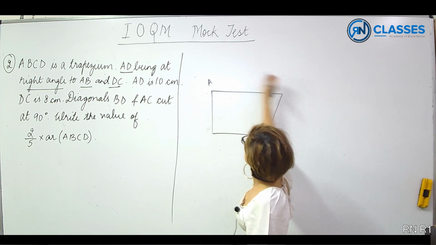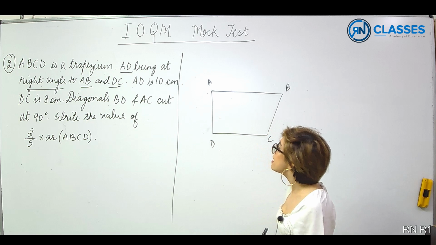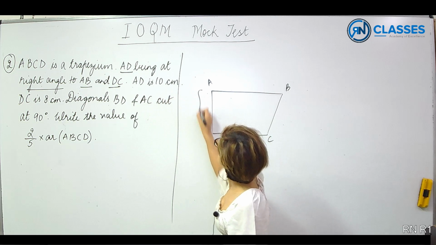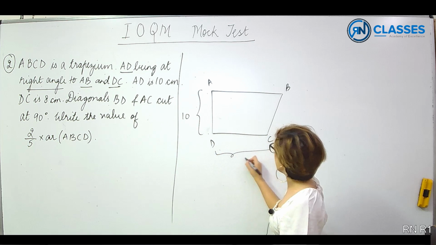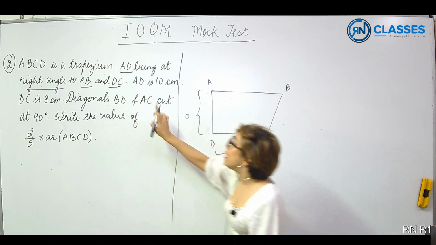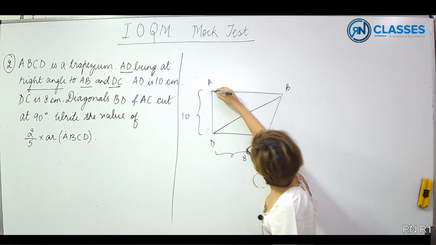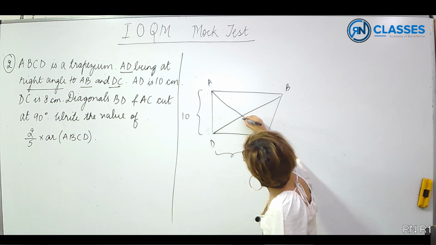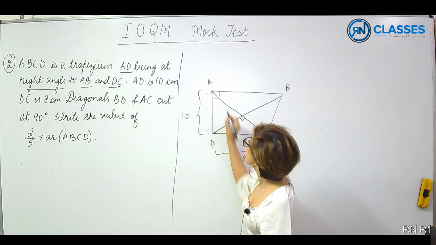Alright, so this is A, B, C, D. Right, now he says that AD is 10, so this length is 10. DC is 8, so this length is 8. Now he says diagonals BD and AC cut at 90 degrees. Alright, so diagonals cut at 90 degrees. Right, so this angle is 90. Okay. And again, I'll mark this 90, this 90.